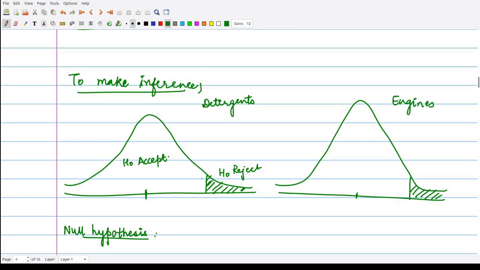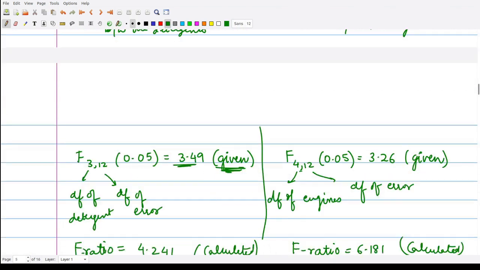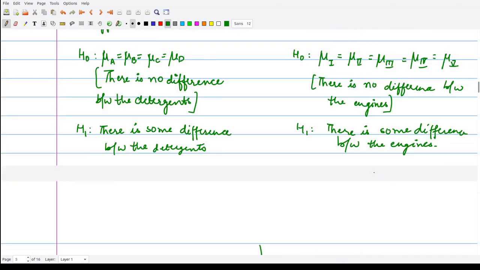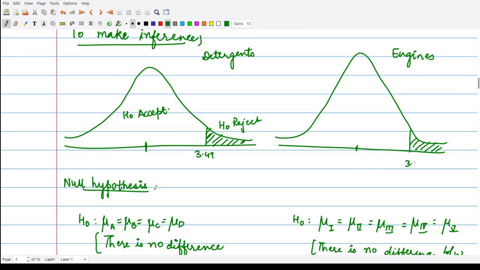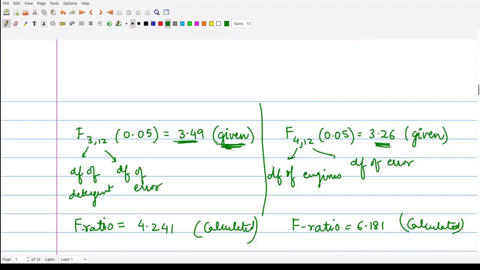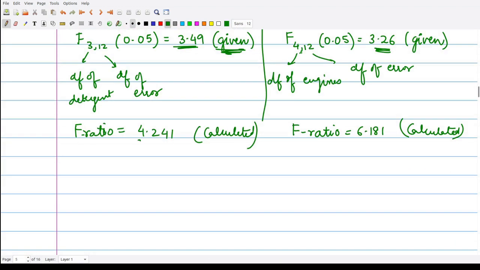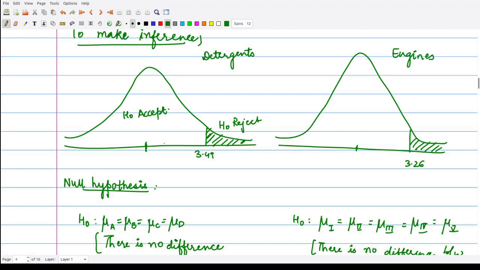So our critical region starts at the value 3.49 in this case. In the second case, it starts at 3.26. Now we see our F ratio is 4.241, which is obviously greater than this quantity, so it will lie somewhere here. That means our F calculated value lies in our critical region. So we will reject our H naught.